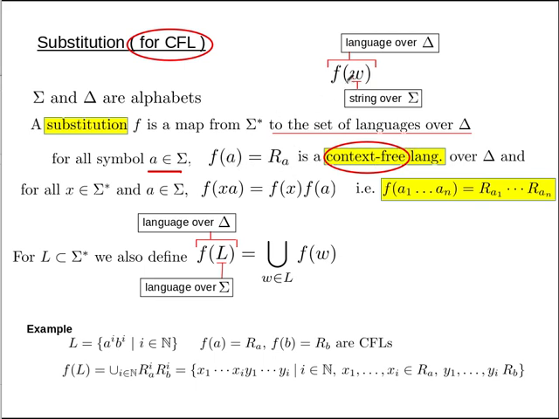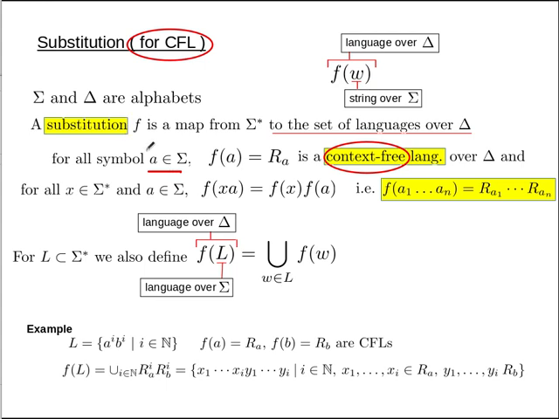So f is a map which maps strings over sigma to languages over delta, such that for a single symbol, f of a is a context-free language over delta, and it also satisfies f of xa is f of x concatenated with f of a. Then we define f of L, where L is a language over sigma, as the union of all f of w, where w is coming from L. This is the definition of substitution for CFL.